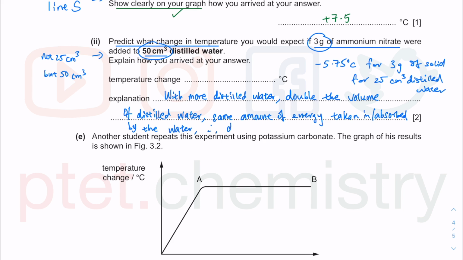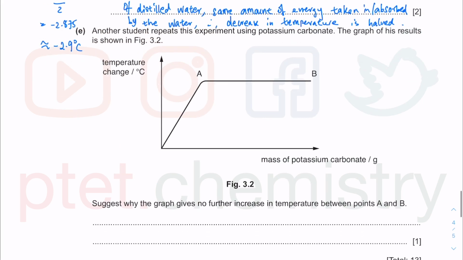Therefore, the decrease in temperature is going to be half, because you have twice the amount of water to take in the heat. So there should be minus 5.75 divided by 2. That is going to give you minus 2.875. That is not rational because it's not 2 decimal place. I'll give it to minus 2.9 degrees Celsius, or you can really give it to minus 3.0, really up to how you read that particular graph there.